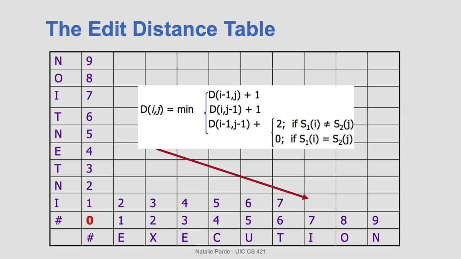However, option 3 is a bit different. For option 3, we take the distance of transforming an empty string into EXECUT, and then we look at the current indices to decide what to add. We see that both strings at the current indices are I, so we could add 6 plus 0. This gives us a smaller value than the other two distances, so we'll go with a substitution here.